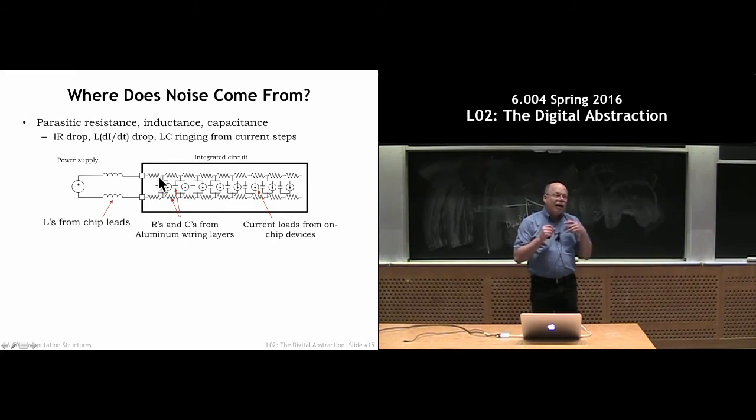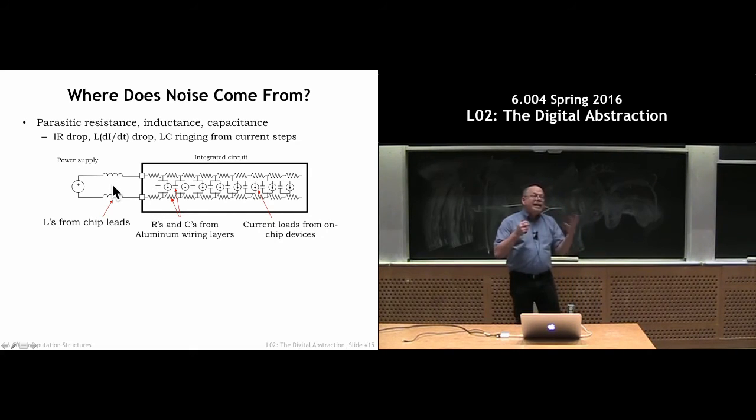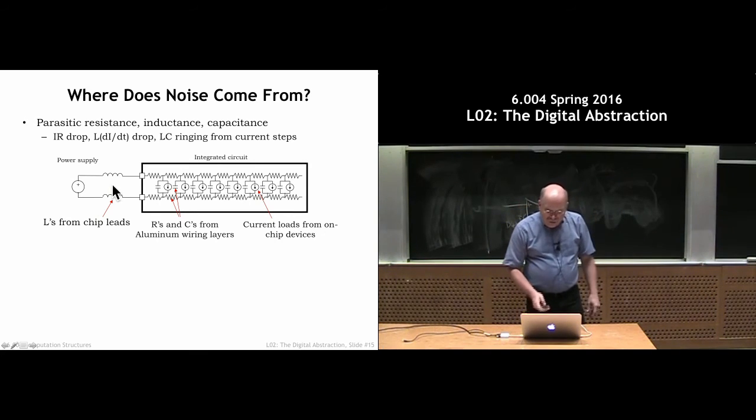If the term L dI/dt drop makes you think, whoa, I didn't do so well in 8.02, thanks. We're not going to do the actual arithmetic. The idea is that you should be aware that as you change voltages and currents across components, you get effects that can affect the voltage.